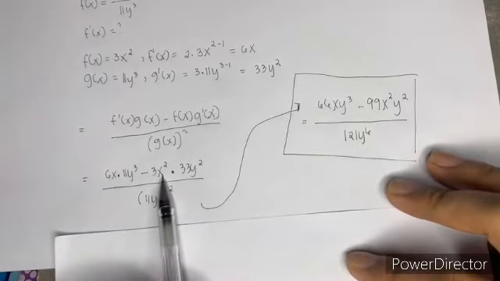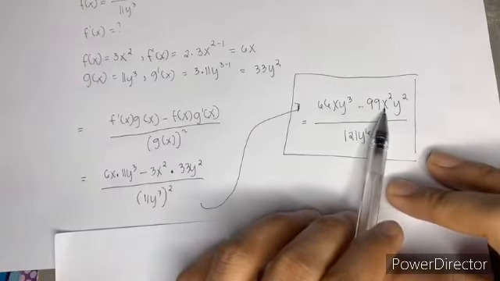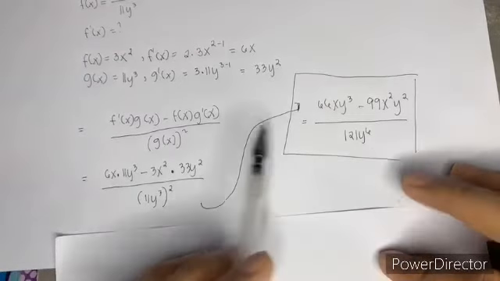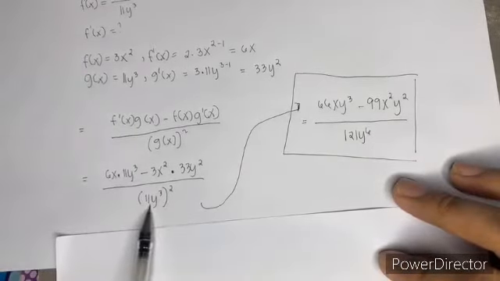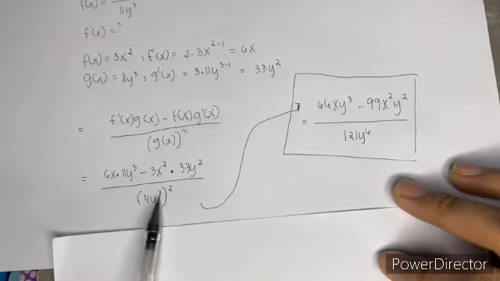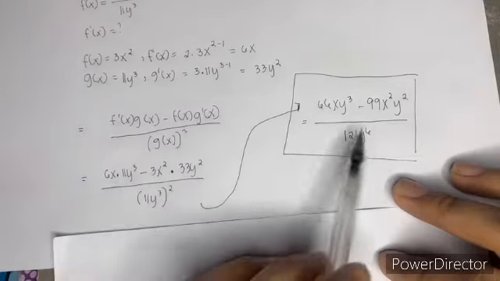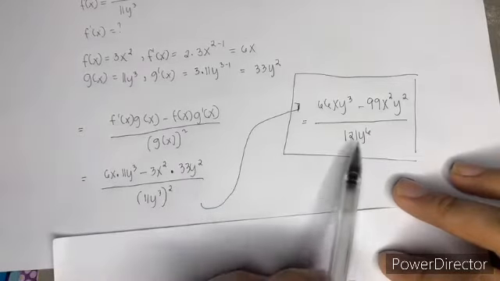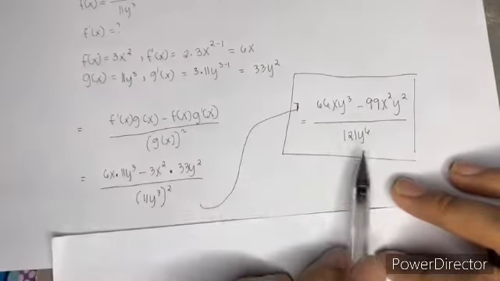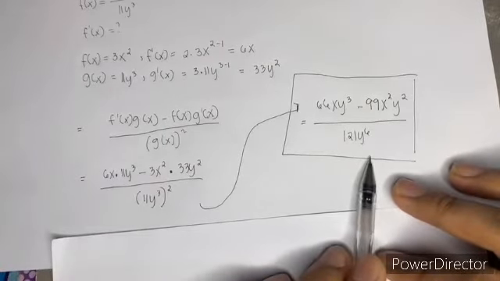So copy the variables, the x squared and the y squared, over 11 times 11 is equal to 121. So 3 times 2 is equal to 6. So copy the variable and put the 6 on top of it. So this is now our result for the f prime of x using the quotient rule.